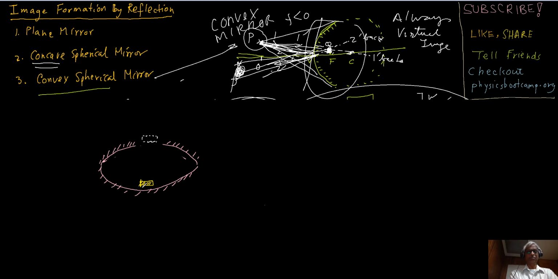Suppose this is a penny, and the penny will be hanging right over there, just levitating. So this image is over there, and this is a real, not a virtual image. A real image appears to be right up here.